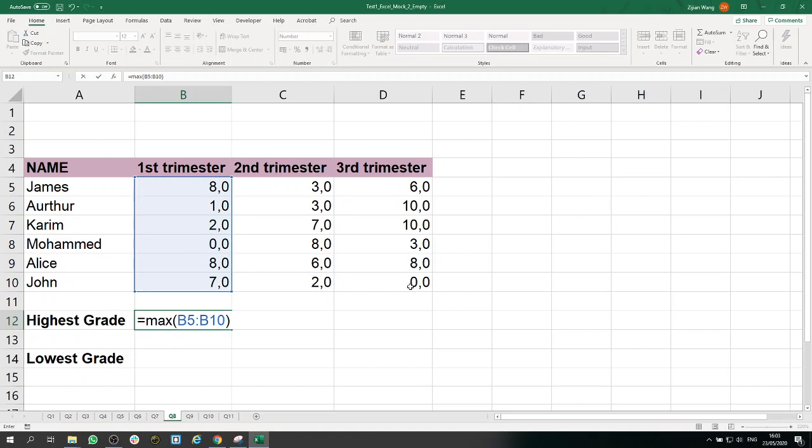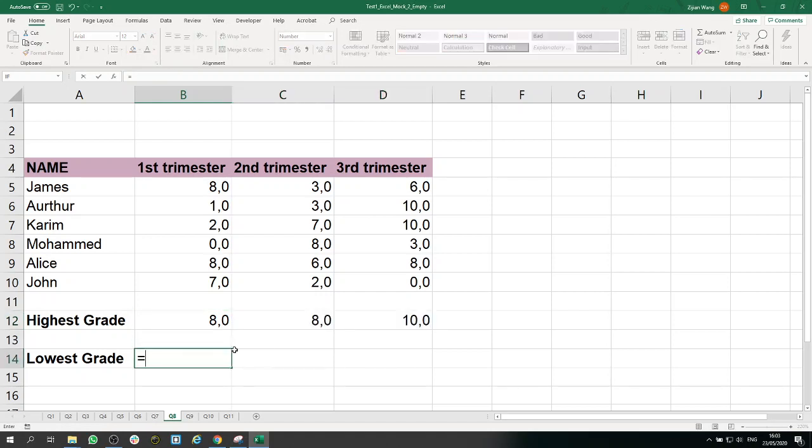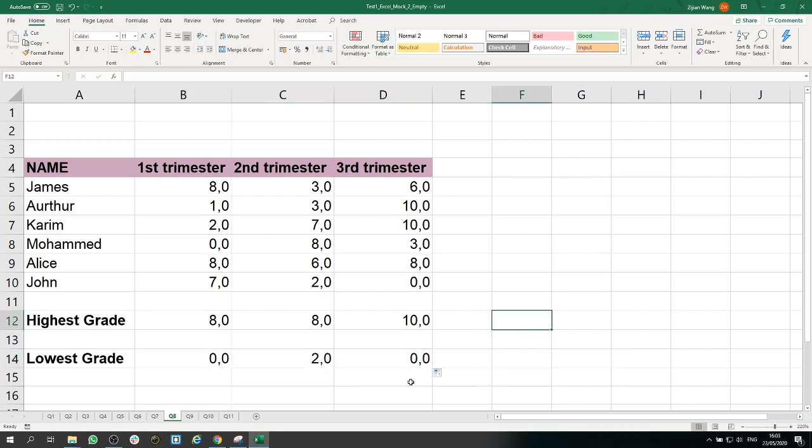The range is here, easy to apply, and now we have all three of them. Lowest grade, minimum. So MIN is the right function. And the lowest grade would be 0 for the first trimester. If you see the original table, you know it's true. Here, we finished question 8.